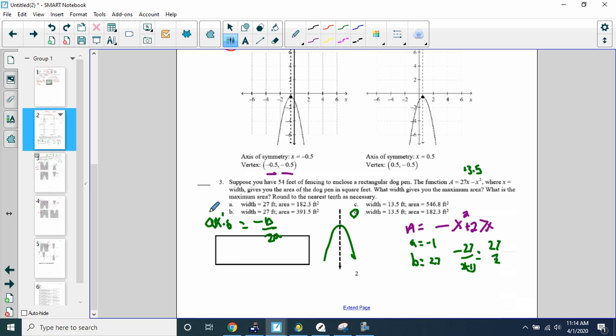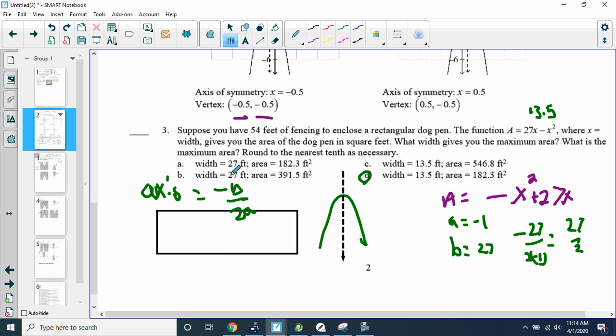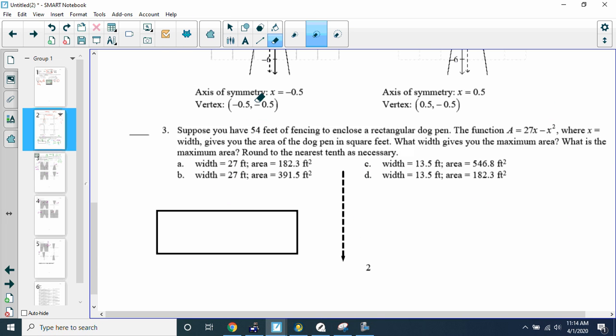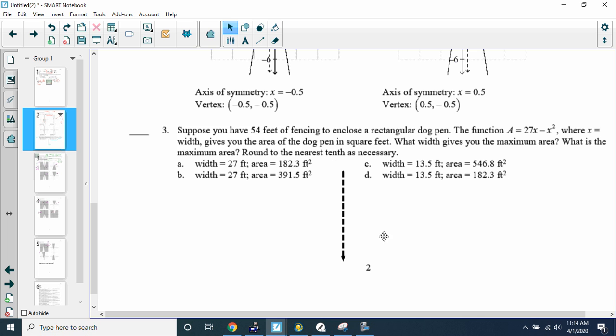Okay, number 3 is a little bit difficult, but it's basically just using the axis of symmetry. It wants you to figure out the axis of symmetry. At first I thought I needed a rectangle for this question, but I actually don't. It's saying, what is the maximum area?